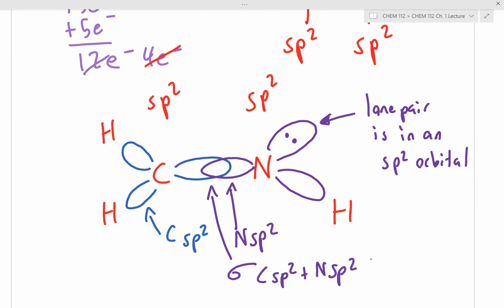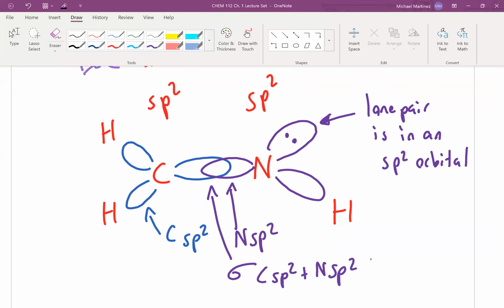Now, what orbital overlap is responsible for our double bond? The double bond, a pi bond, is an overlap of what orbitals? P orbitals, exactly. So let's draw our p orbitals.